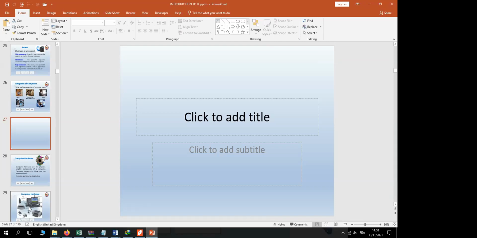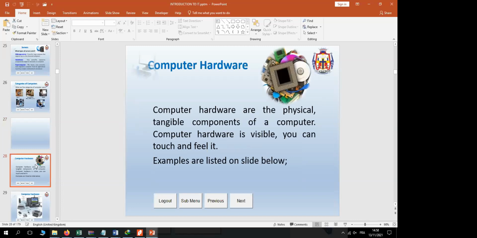Now, just like you've said, the physical components that we're able to see, touch, and feel. For example, look at a monitor, look at a cable, look at a USB disk, look at anything. So all are tangible components. So anything you can touch and see are the ones we are calling hardware components.